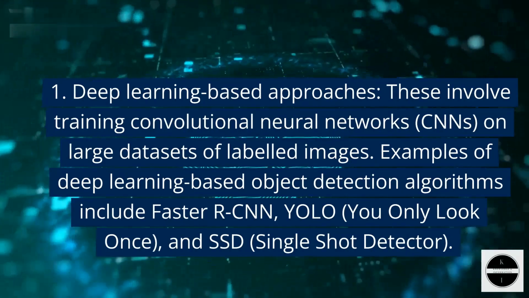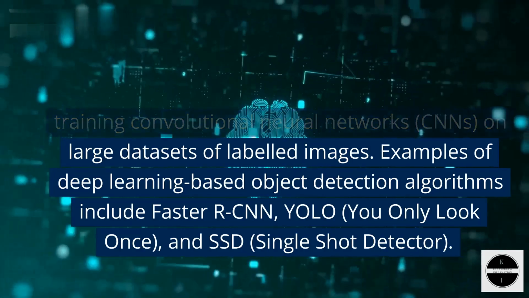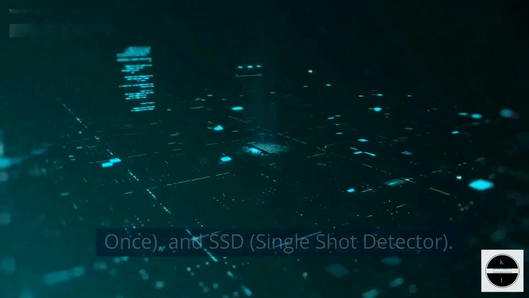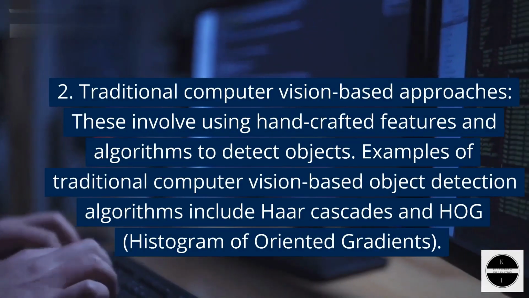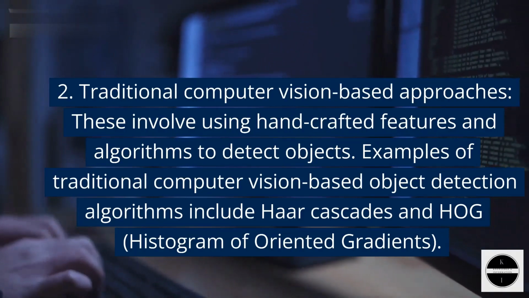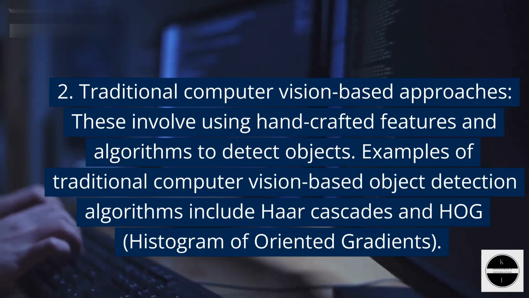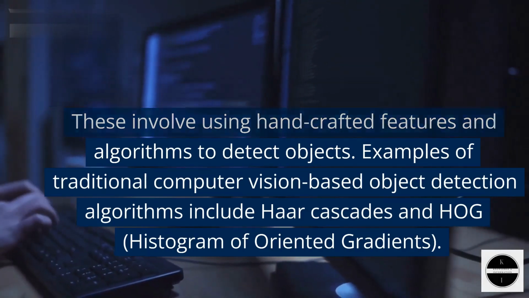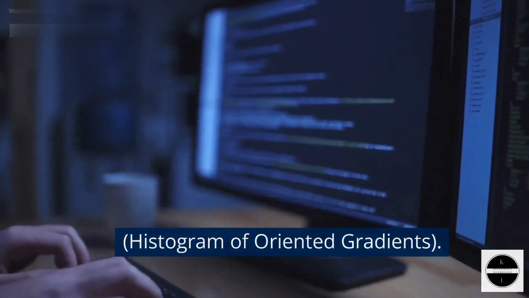Examples of deep learning-based object detection algorithms include Faster RCNN, YOLO (You Only Look Once), and SSD (Single Shot Detector). 2. Traditional computer vision-based approaches. These involve using handcrafted features and algorithms to detect objects. Examples include Haar cascades and HOG, histogram of oriented gradients.